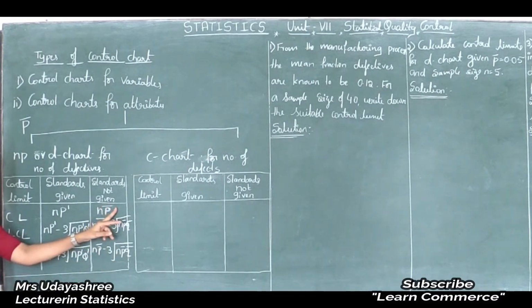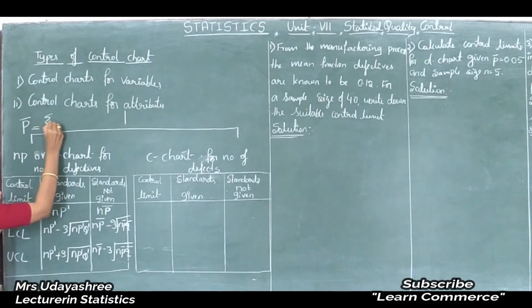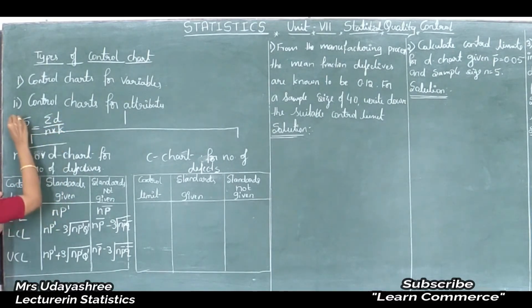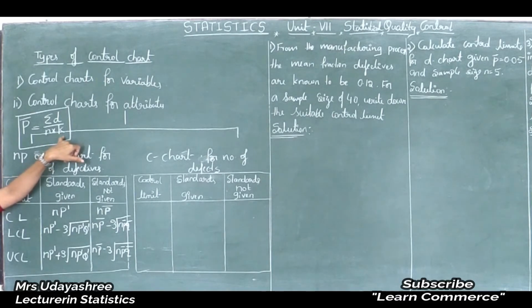P bar in the sense what? To calculate p bar we use the formula p bar is equal to summation d divided by n into k. Here summation d in the sense what? That is defectives, n is the sample size, and k is the sample number or subgroup number.